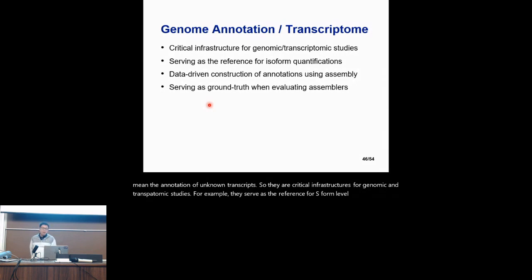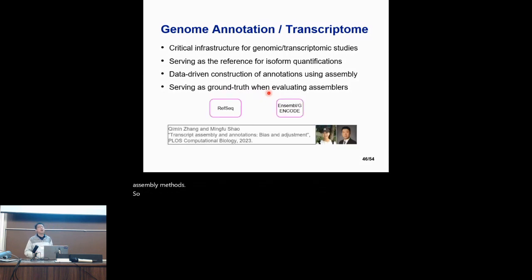And also, genome annotation is closely related with transcript assembly. On one hand, one of the main purposes of developing those assembly methods is to annotate the genome, to build a transcriptome using RNA-seq data. And on the other hand, those annotations also serve as ground truth to benchmark and evaluate assembly methods.